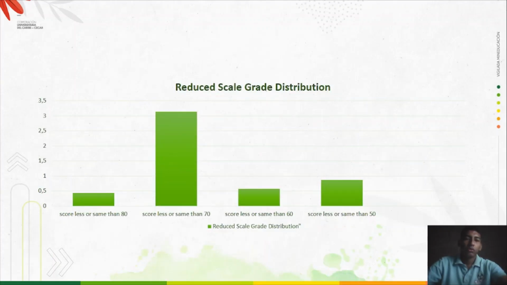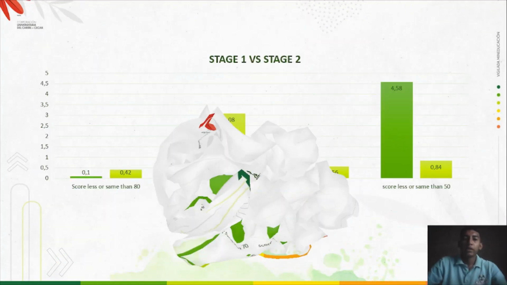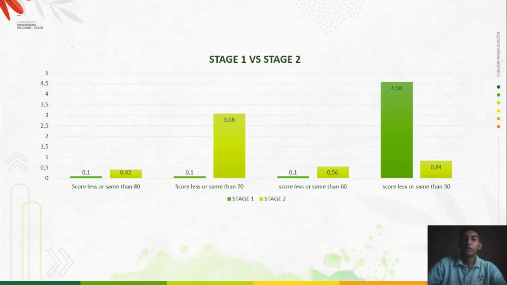For example, in this scale you can see how many students had a score less than 70 points. Now, if we compare the two different scales, stage number 1 versus stage number 2, you can see the difference. Now, the number of scores less than 15 decreased during the application of my project.